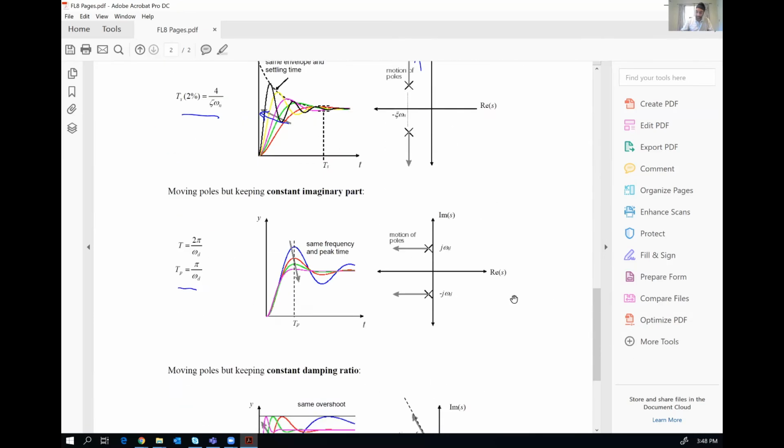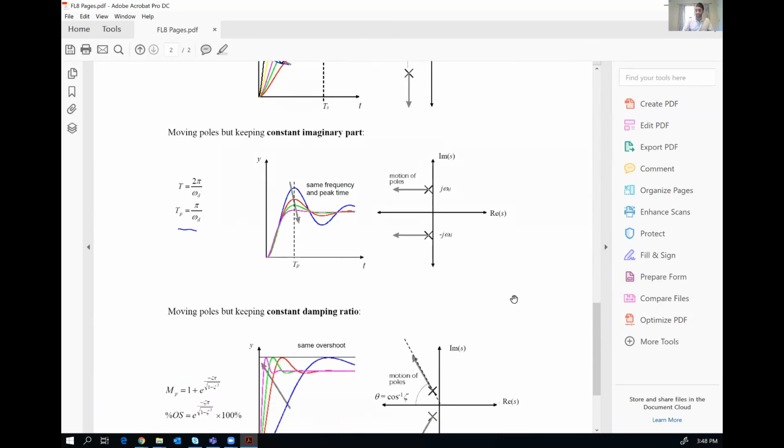Let us look at the next case where I have fixed the imaginary part of the pole. Now the damped oscillation period is fixed. The peak time, as I described, is going from one trough to the next peak. So I start my response at the trough, then I go to the peak value of the response, which is the next peak.